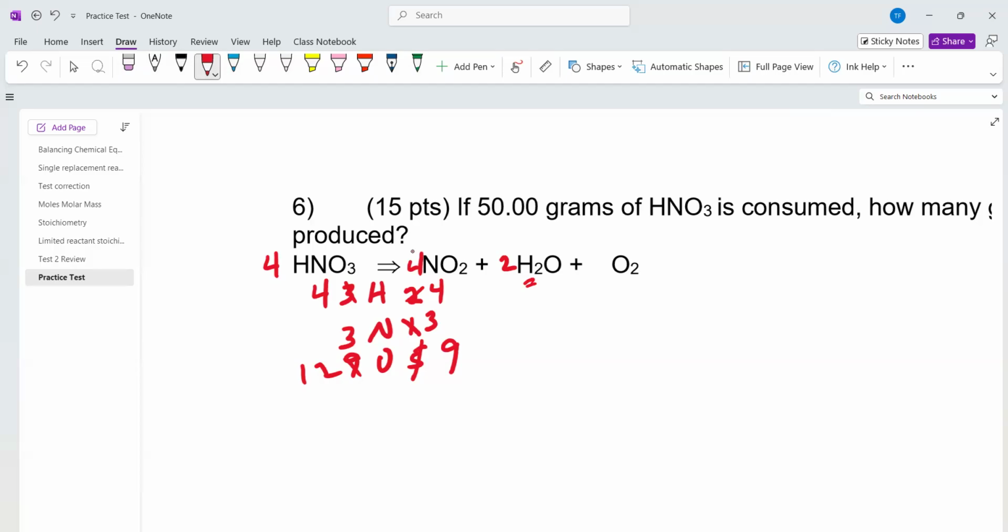Okay, what about oxygens? We've got 12 on the left. We have 8, 10, 12 on the right. So I did that on purpose. And that's the way I would do this problem, exactly the way we just did it here. If things didn't work out, numbers were weird, just start over.